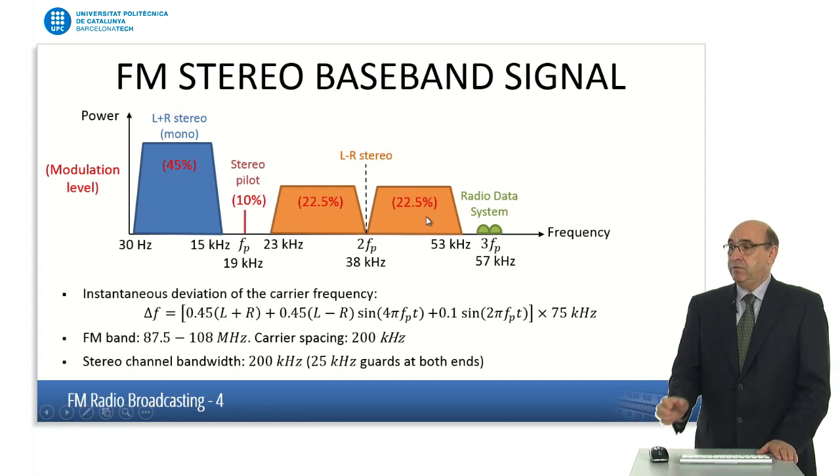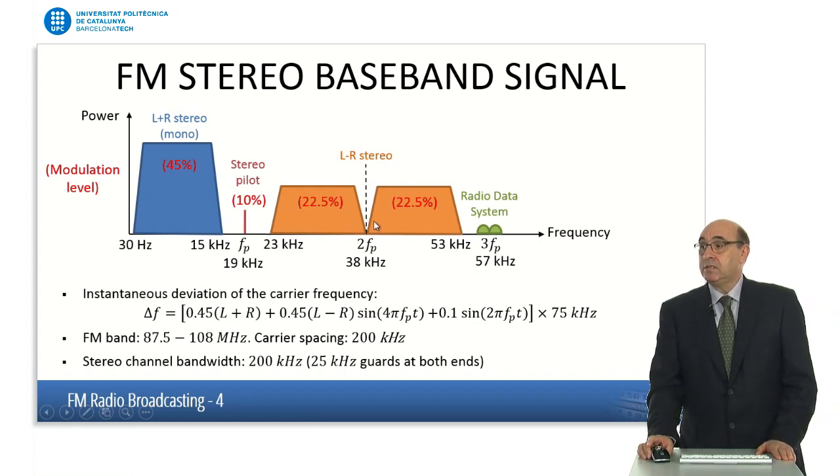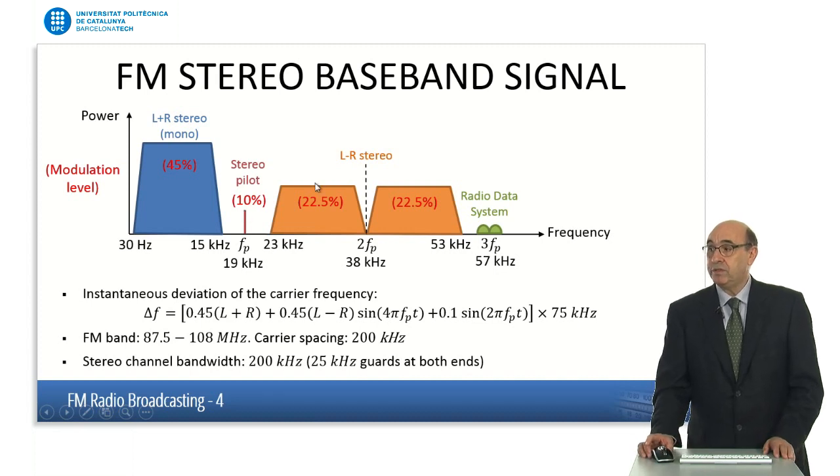But to receive this signal, you require to have information on the carrier. So what they do is, at half this frequency, they send a pilot, they send the carrier. But not at full power, only 10% of the power, which is enough to recover this carrier.